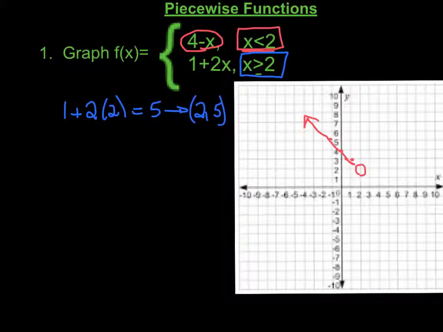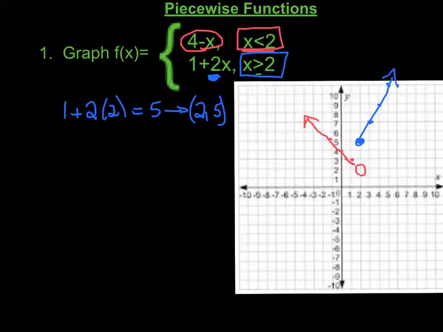So I'm going to go to the point 2, 5, and I can start with a solid circle because x is greater than or equal to 2. Now from there, I know the slope, and if I look right here, here's my slope. So from this blue dot here, I'm going to go up 2 over 1, up 2 over 1, and I'm going to do it one more time, up 2 over 1, and that is what my piecewise function will look like.